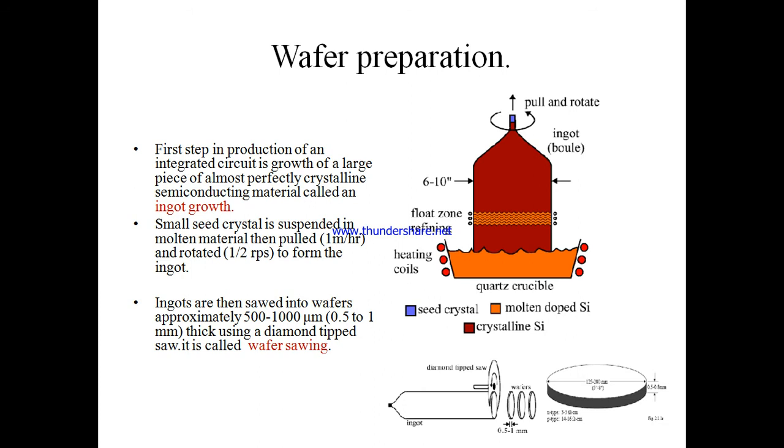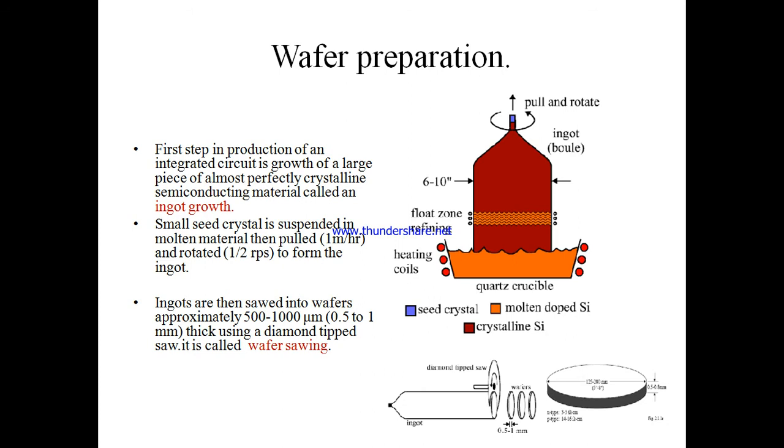After the seed is dipped into the melt, the seed is gradually withdrawn vertically from the melt while simultaneously being rotated. The molten polycrystalline silicon melts the tip of the seed and is withdrawn. Refreezing occurs.